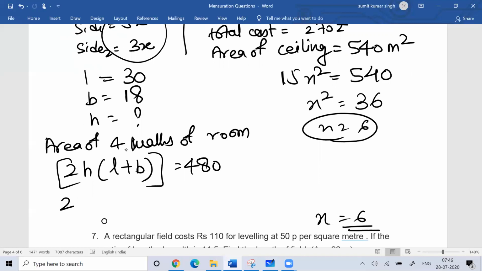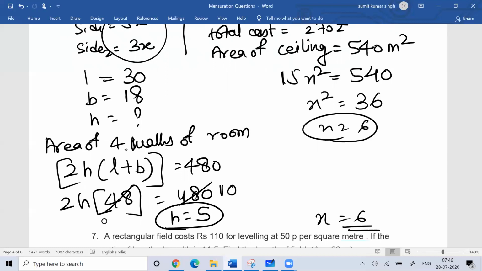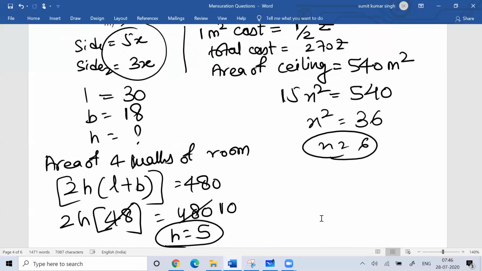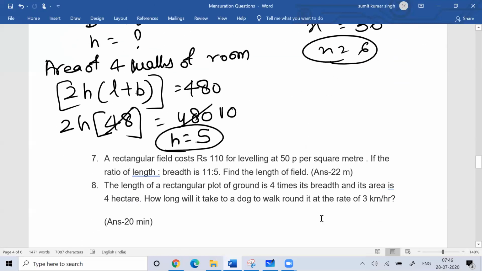So 2 into H, L plus B is 480. So this is 10. So the value of H, you'll get 10 divided by 2 means 5. Fine. So you can do this question very easily.